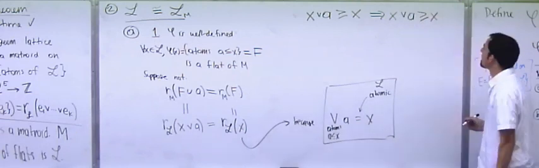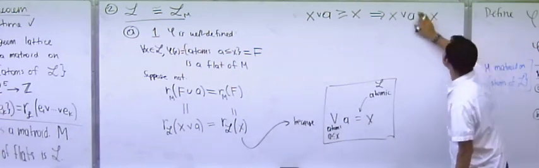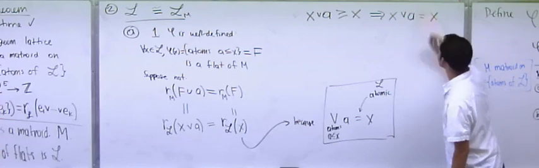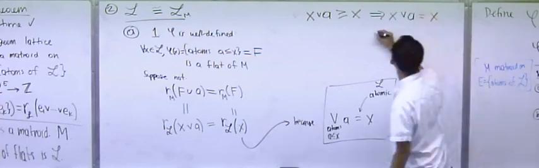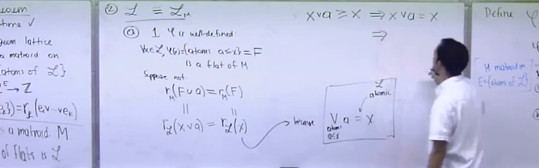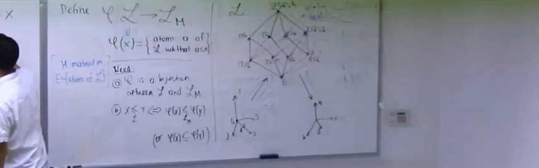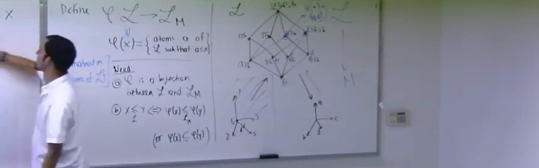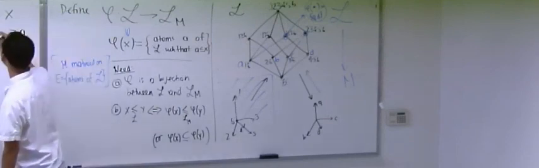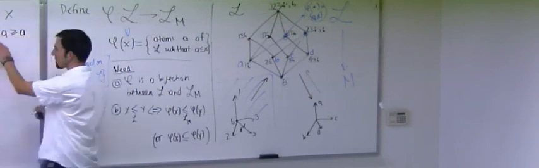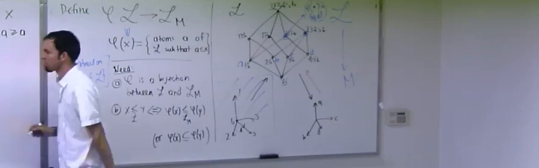Okay. Equal. And I claim that this implies that A is smaller than x. Why? Because A is smaller than the join of x and A, which is x.